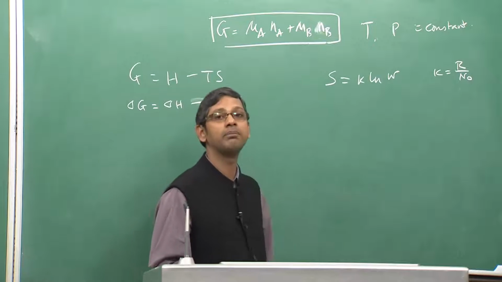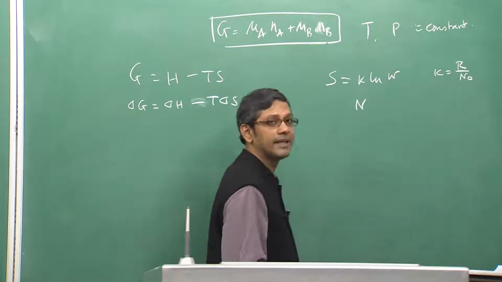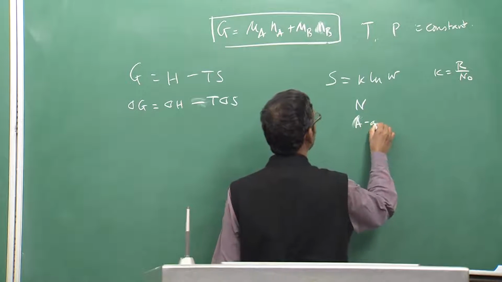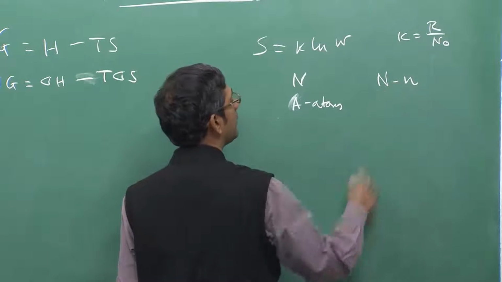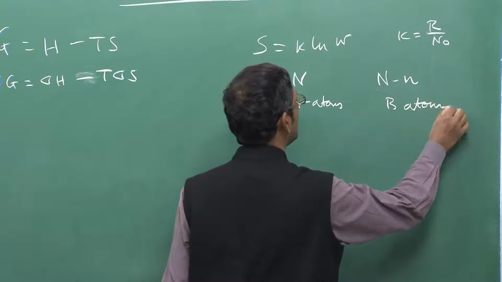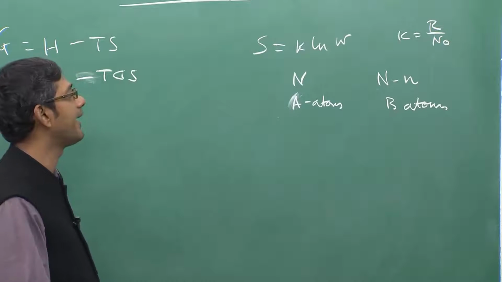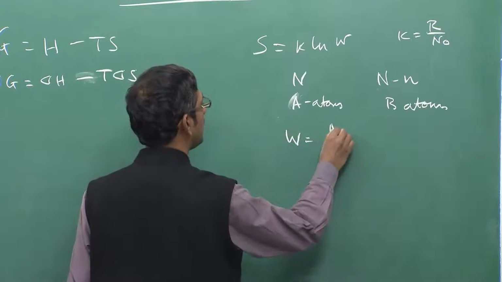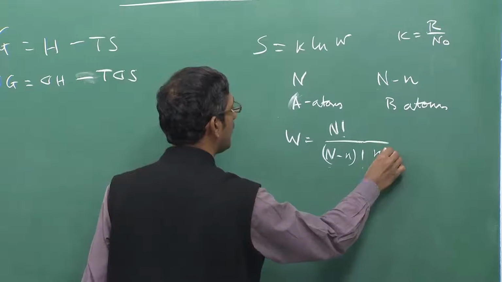Now suppose I have capital N number of A atoms, and capital N minus small n number of B atoms, and I want to arrange them in a lattice containing N sites. So what will be the number of arrangements? It will be N factorial divided by (N minus n) factorial and n factorial.